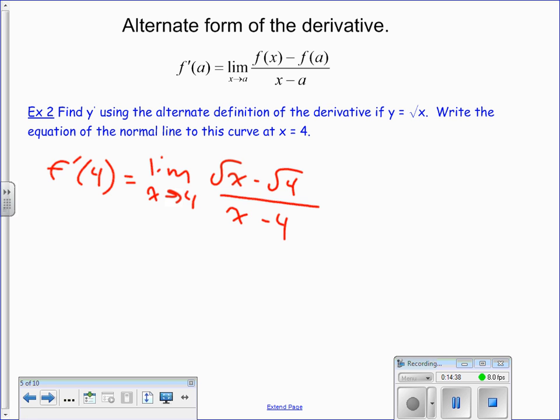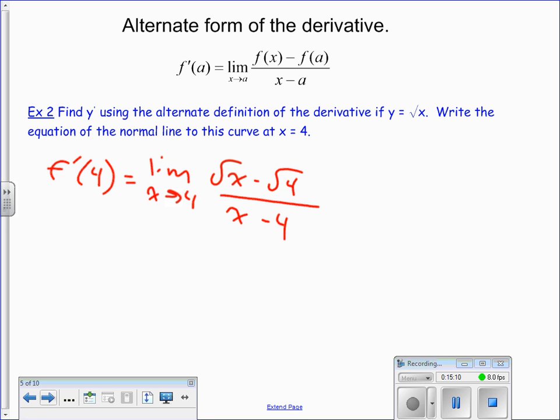Now, I know that many of you are strongly tempted to say, well, isn't that the square root of x minus 2? Trust me. Within my denominator, I have the difference of 2 squares. Do you see that? This does not look like your standard difference of 2 squares.